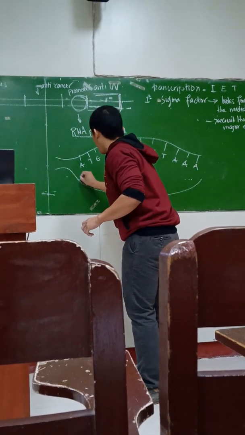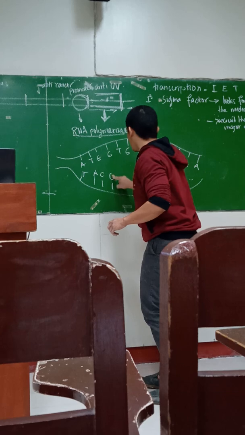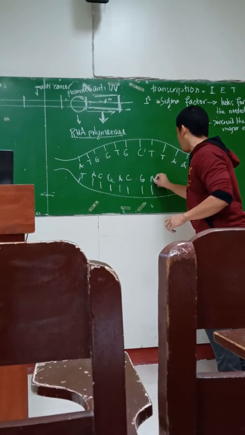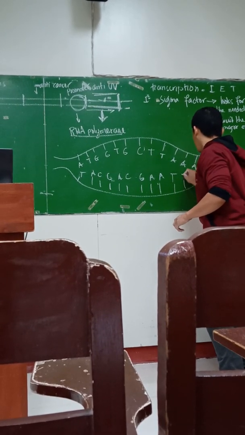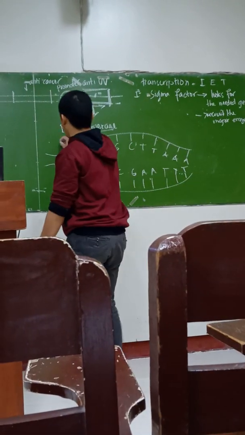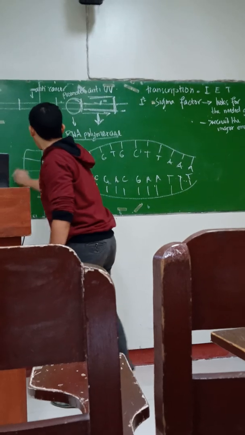So, T, A, C, C, A, C, G, A, D, D. Yung RNA polymerase natin, andito na siya sa region before ng gene.